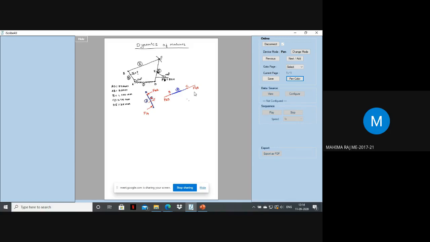Excuse me, sir. Before the AB line, isn't it force 1, 2? The force acting on A, isn't it force 1, 2, sir? So this is this one, right? Yes, this is 1, 2. That is 1 and 2.